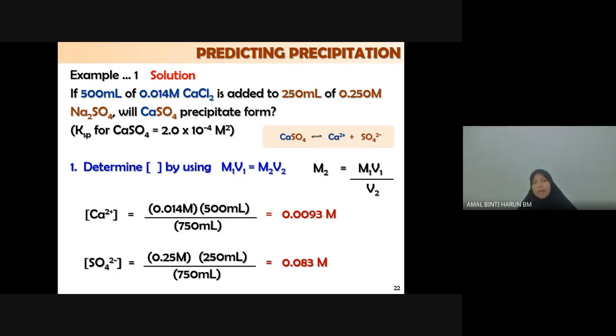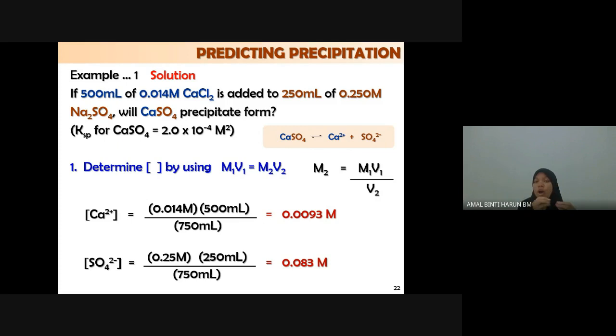So once kita campurkan calcium chloride kepada sodium sulfate, solution yang kita nak tahu tu dah jadi 750 ml. Yang kita nak tahu dalam 750 ml ni berapa concentration calcium dan berapa concentration sulfate ion. Itu saja. Okay.